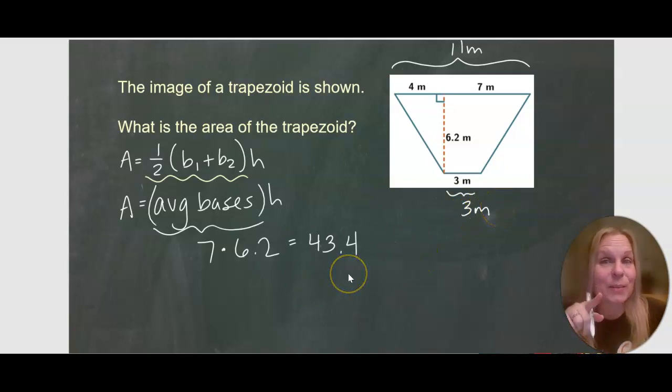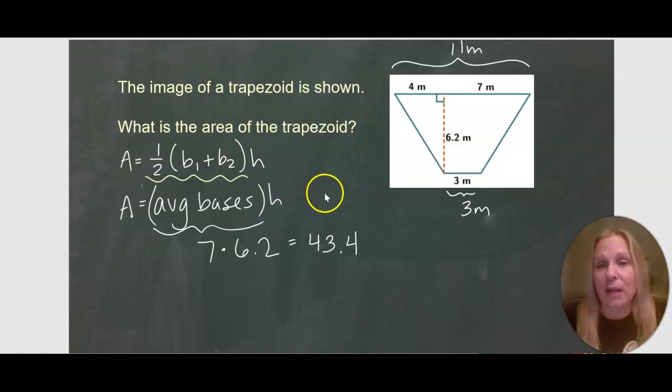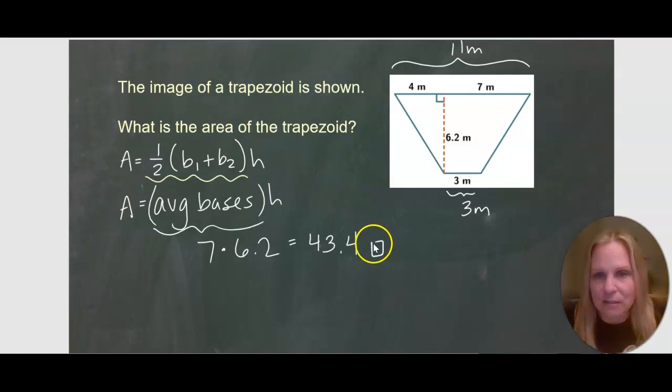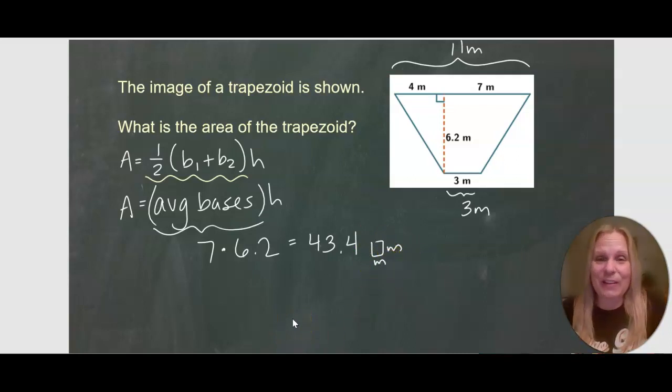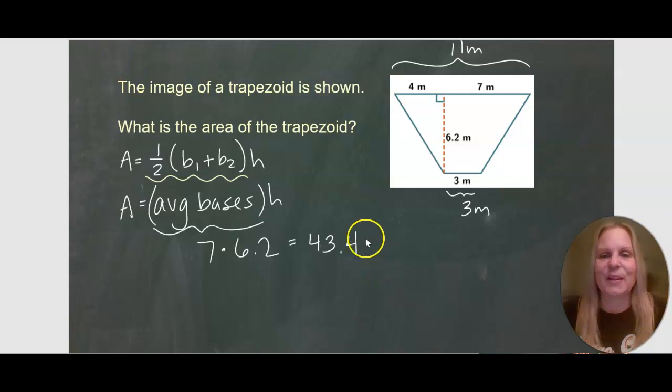But remember what I said in the beginning, area is how many squares. So what I found here is that I could fit 43.4 squares that are 1 meter by 1 meter. And the way that we write that, instead of going like this, right? Because that's really what we found. But instead of doing that, just write meters.